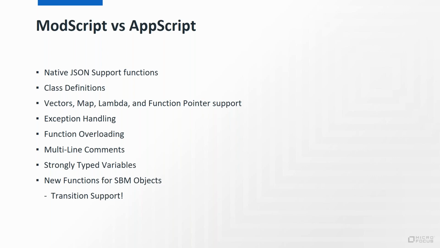The strongly typed variables, that means that if I define a variable that is supposed to be holding an integer, for the life of that variable, it will always have an integer.